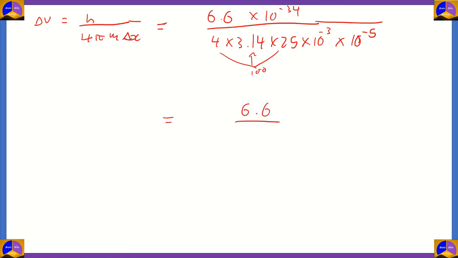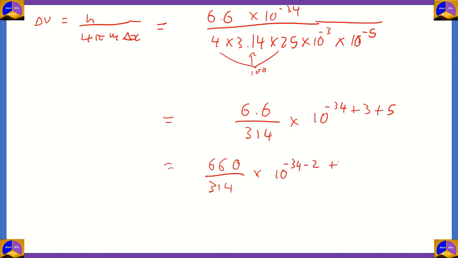So it is 6.6 divided by 314 into 10 raised to minus 34 plus 3 plus 5. Now, using 6.6 will be a problem, so we can multiply by 100. So that is 660 divided by 314 into 100. That 100 we can write as 10 raised to minus 2. So it'll be basically 10 raised to minus 34 minus 2 plus 3 plus 5.